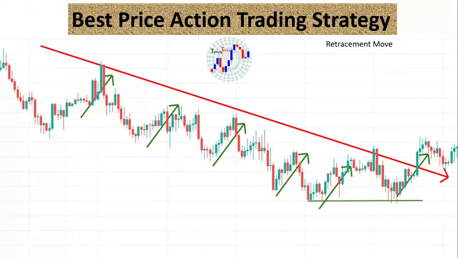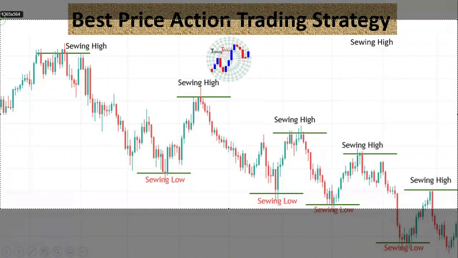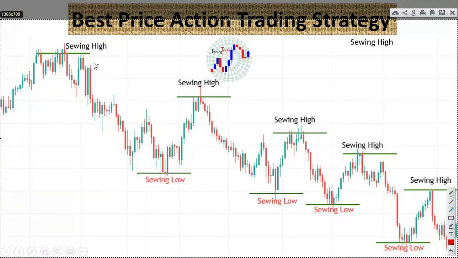Okay, let me talk about swing points. Swing points refer to swing highs and lows, obvious points on the chart where the price reverses from. Here is an example. In this chart, as you can see, the market is making a new low every time, and this is a retracement move. This is a swing high and this is a swing low, swing high.